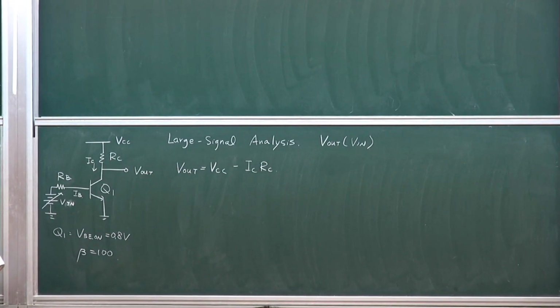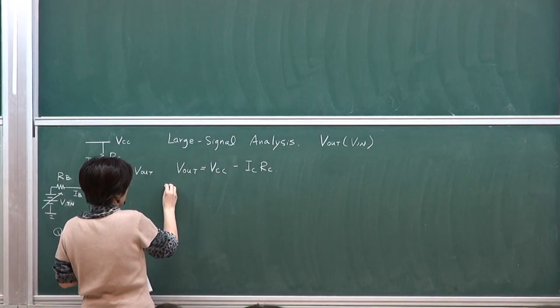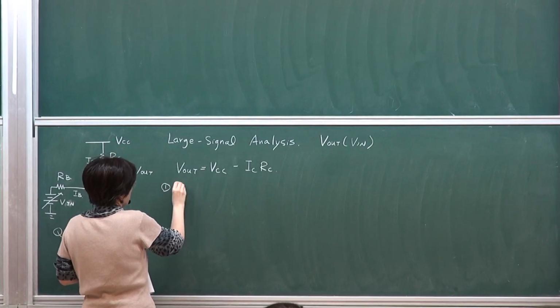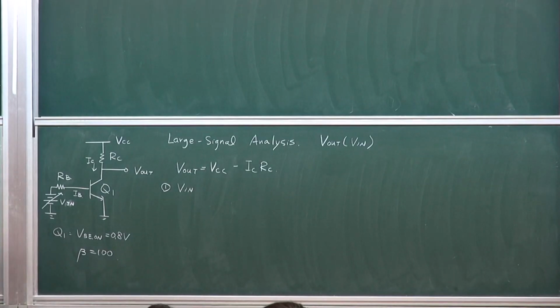So if it's inactive, there are various components, I should say operating regions. When Vin, there's a sort of piecewise linear method. You separate into different regions.